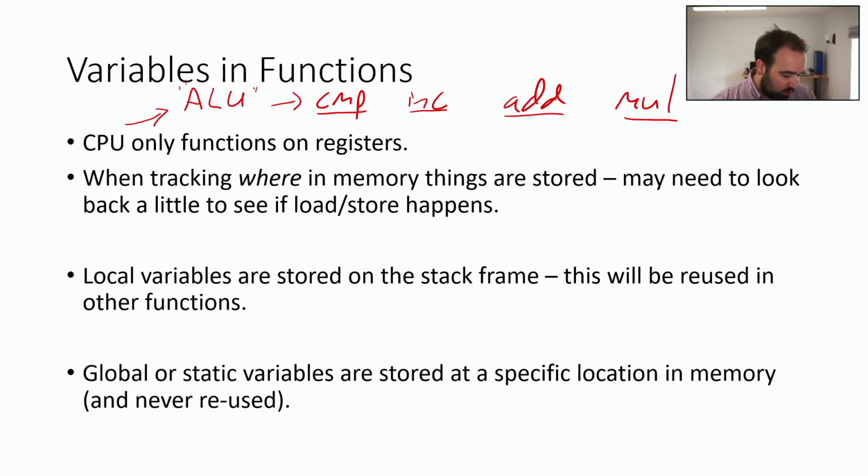The local variables are normally stored on our stack frame. So we had that frame pointer pointing to our current stack frame. This memory location could be reused. From a security perspective, that could be interesting because in one call, memory may be storing some security critical variable, and in another call it has some user input.